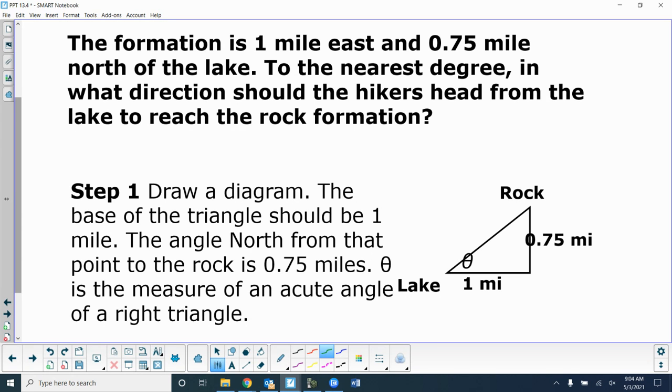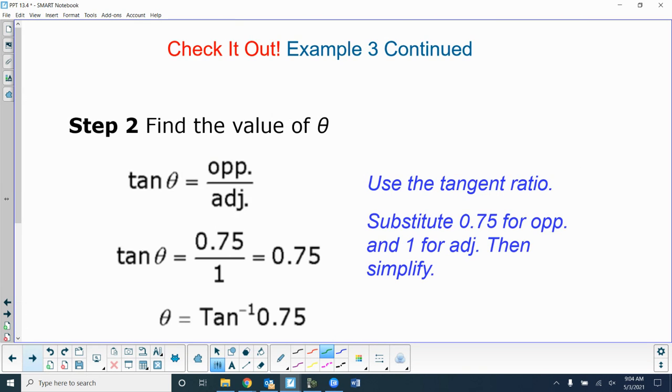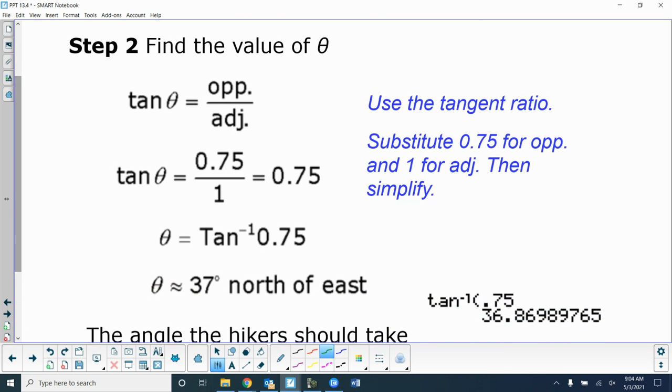All right, opposite and adjacent. So which one are they going to use? Tangent, right? Yeah. So tangent, 0.75. So inverse tangent to figure out it's 37 degrees north of east.